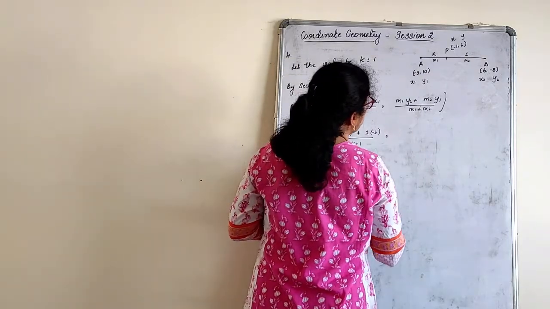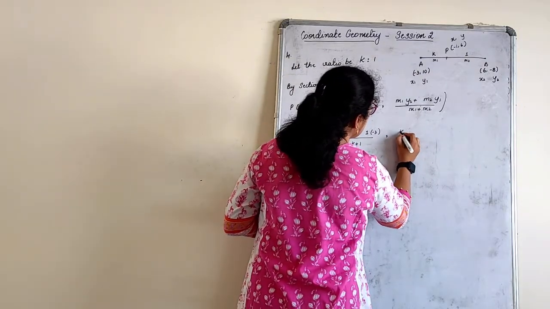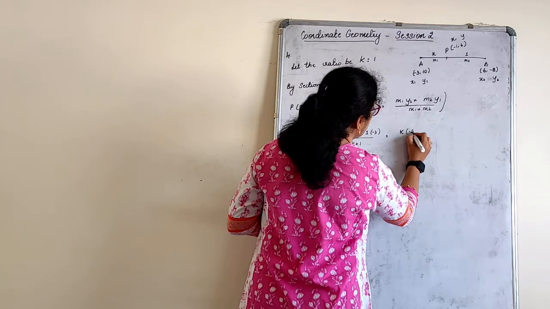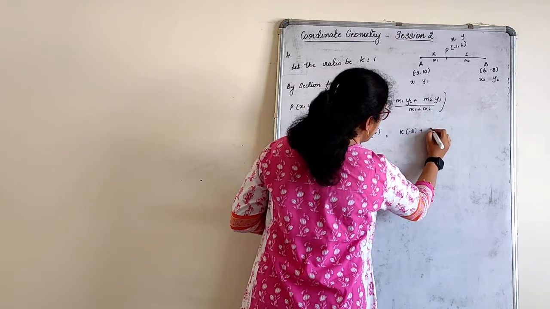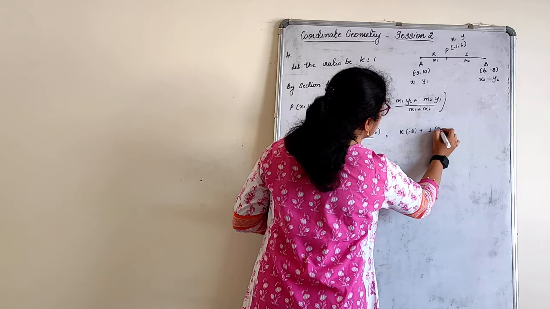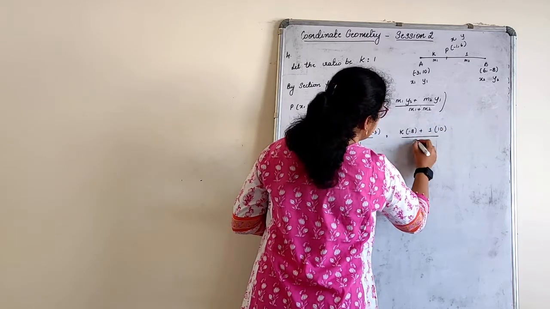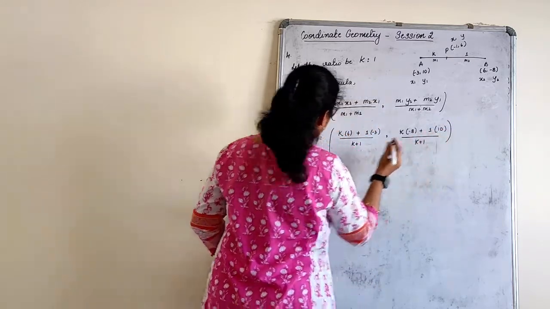Comma. What is your m1? k. What is your y2? Minus 8. What is your m2? 1. What is your y1? 10. Divided by k plus 1.